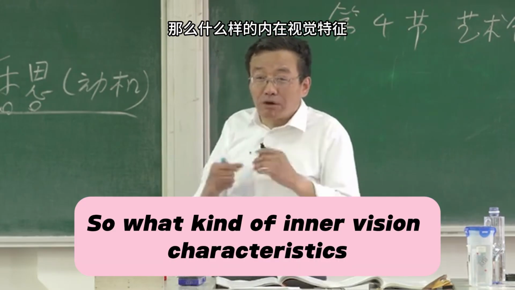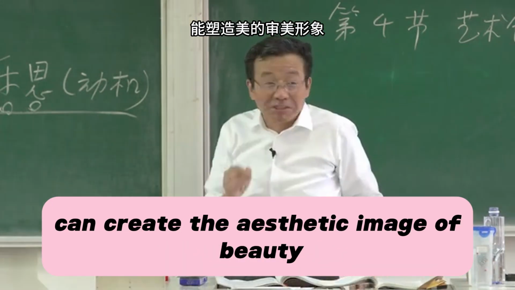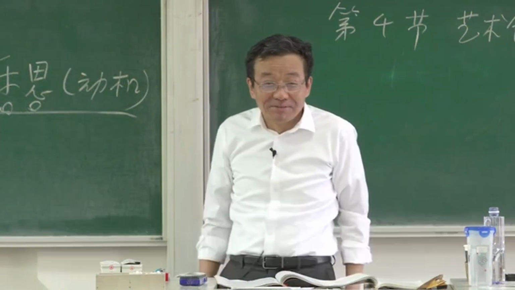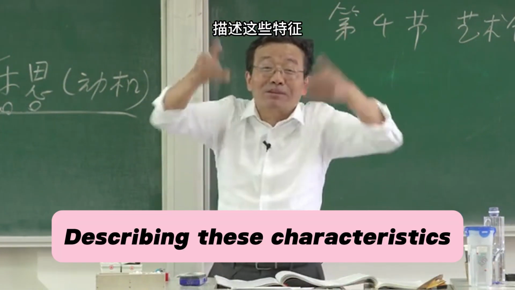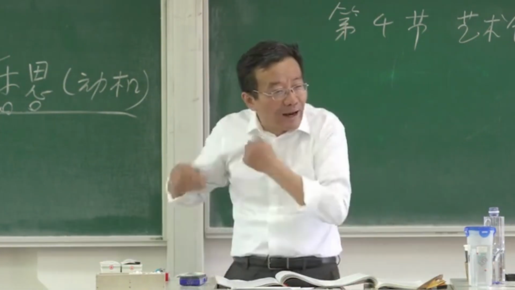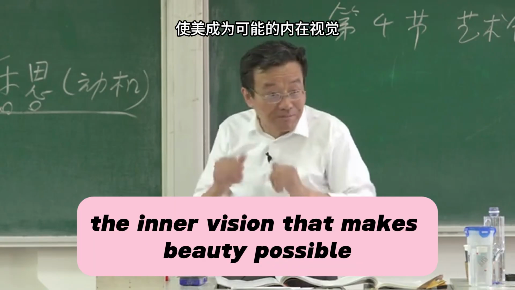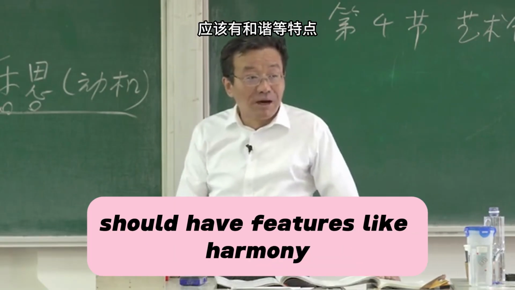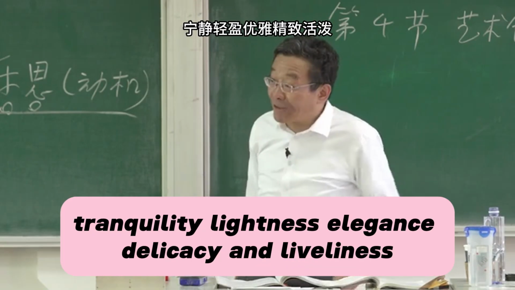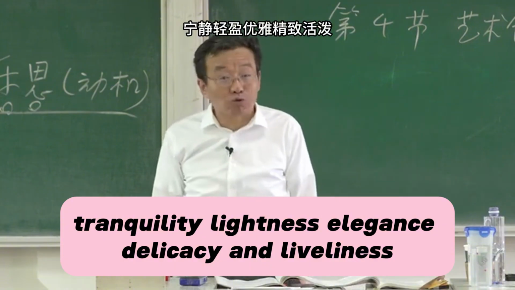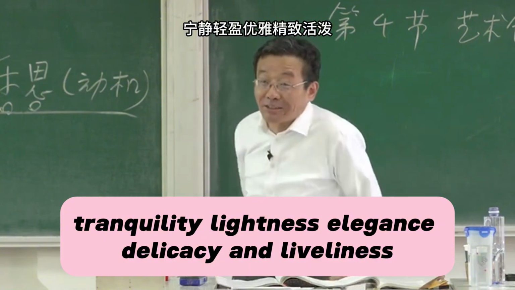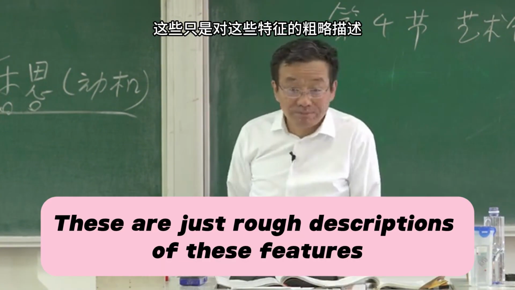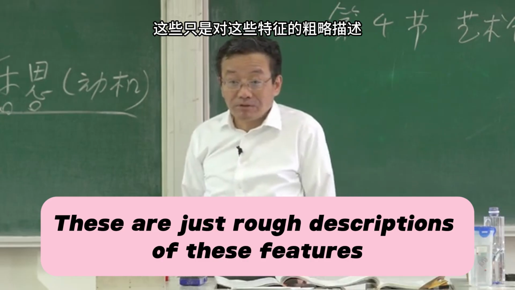So, what kind of inner vision characteristics can create the aesthetic image of beauty? Describing these characteristics is a bit of a challenge. But in general, the inner vision that makes beauty possible should have features like harmony, tranquility, lightness, elegance, delicacy, and liveliness. These are just rough descriptions of these features.